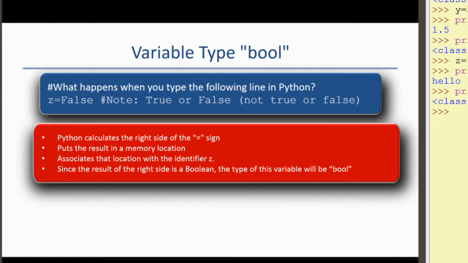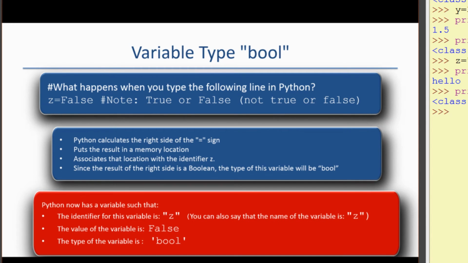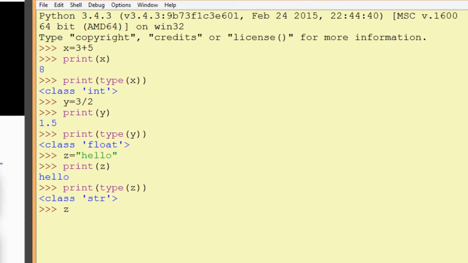Python calculates the right side of the equal sign, puts the result in a memory location, associates that location with the identifier z, and since the result of the right side is a boolean, then the type is bool. Again, we have a variable called z. The value of the variable is False, again with capital F, and the type of the variable is bool. So let me do this here.